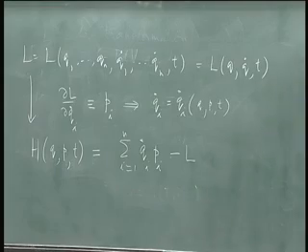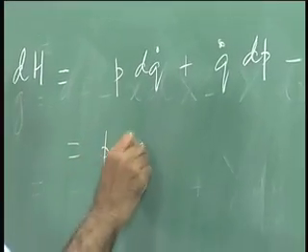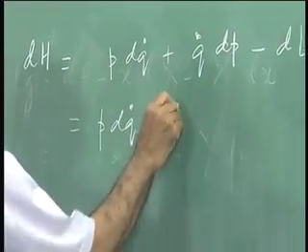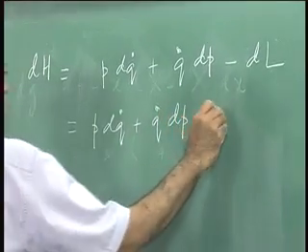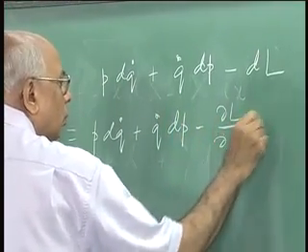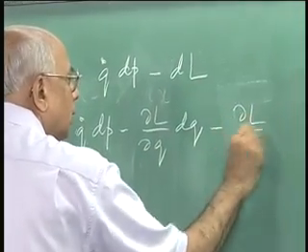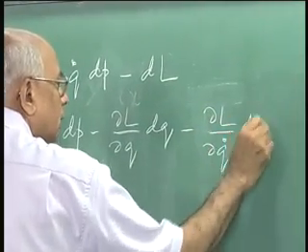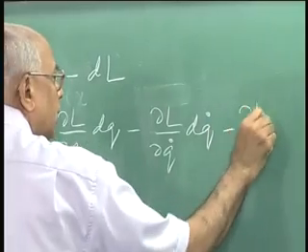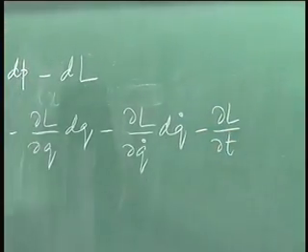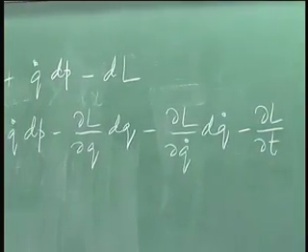Now what is dL? Well, this is equal to p_q dq dot plus q dot dp minus ∂L/∂q dq minus ∂L/∂q dot dq dot minus ∂L/∂t dt.